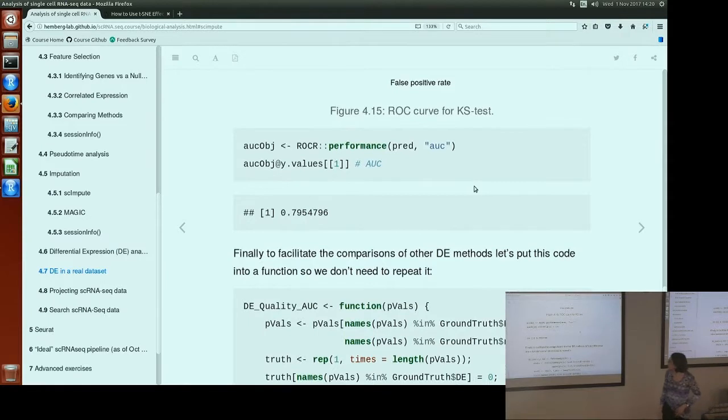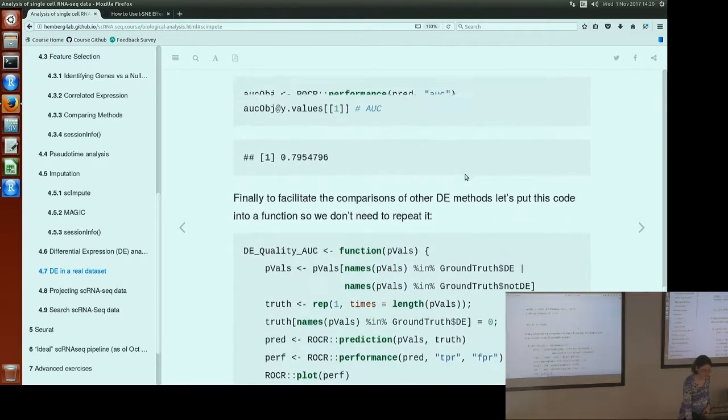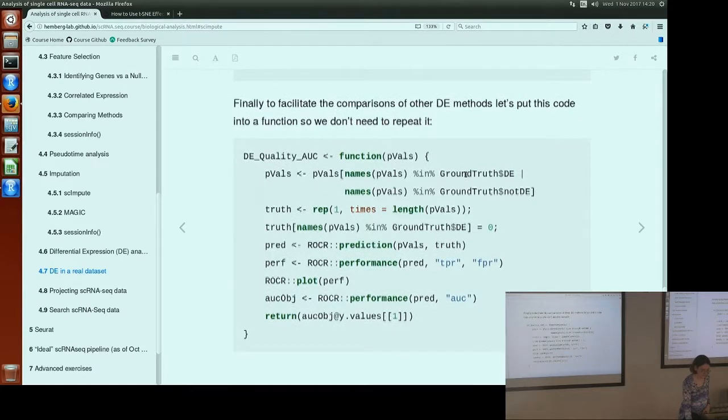So here's how we'll calculate the area under that curve. We're at almost 0.8, so it's quite a lot better than random chance. And here we're just going to save all that code into a function, so we don't need to repeat it for each new test we consider.